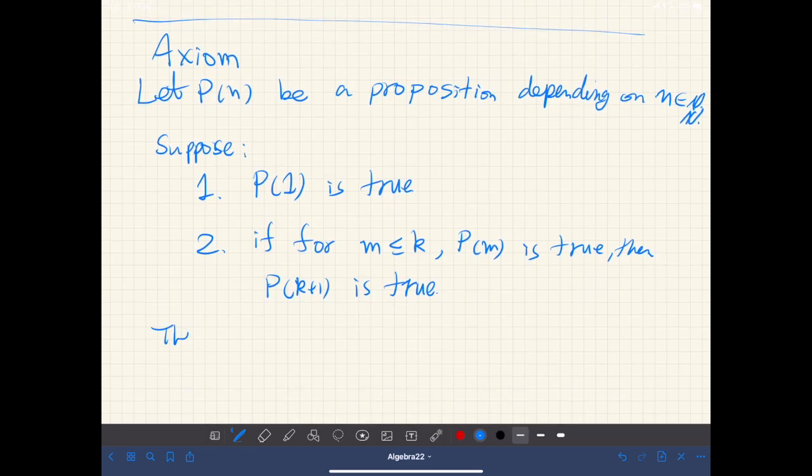Then P of n is true for all natural numbers.